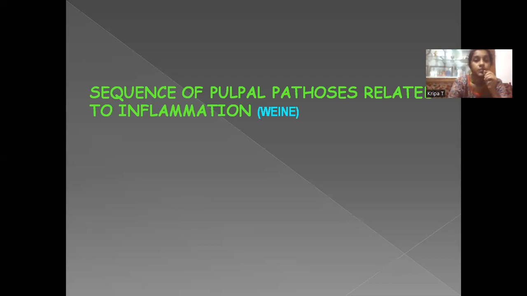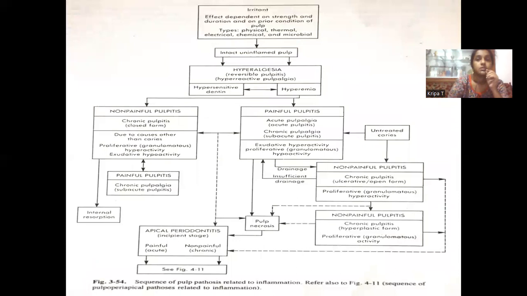Now, the sequelae of pulpal pathosis is clearly shown in this table. Again, this is from Grossman. A very important table. When there is an irritation, the pulp gets inflamed. There is hyperalgesia because of reactions in the pulp, which can turn into a non-painful pulpitis or a painful pulpitis.